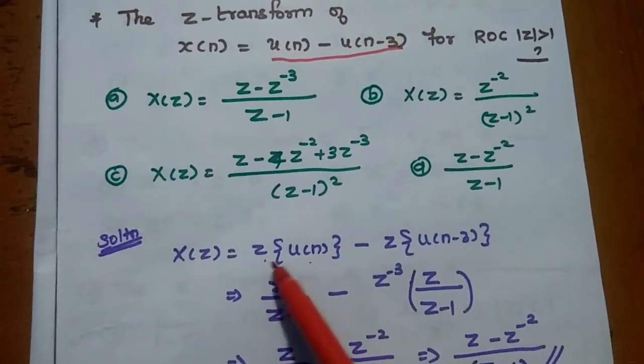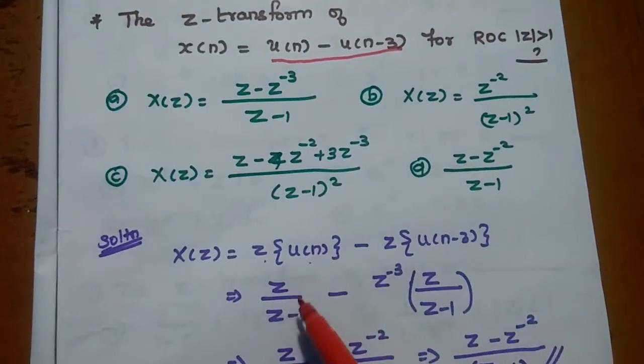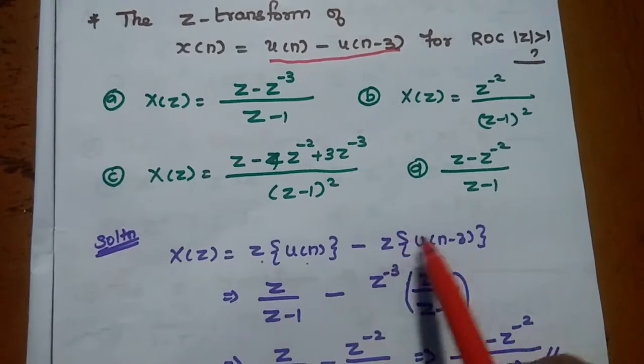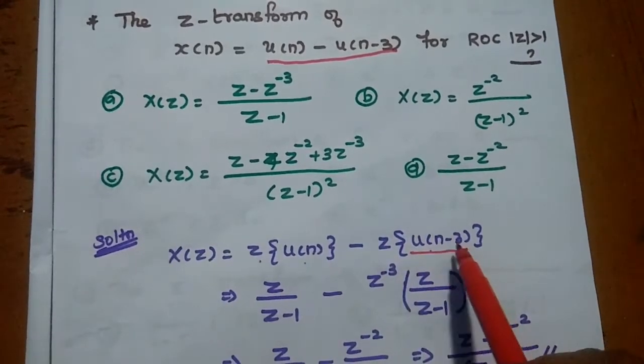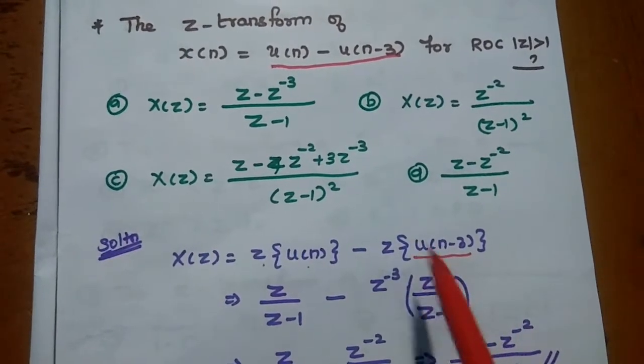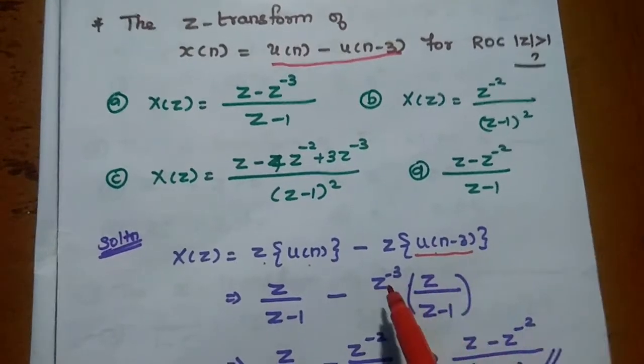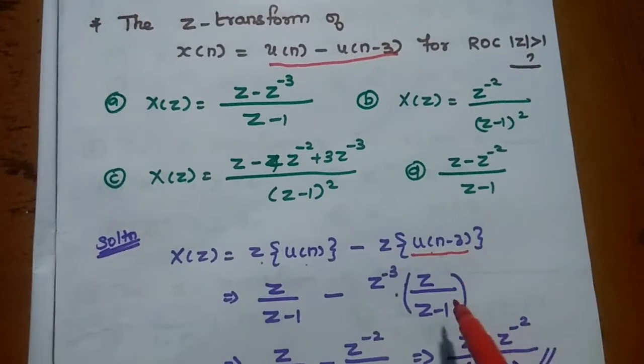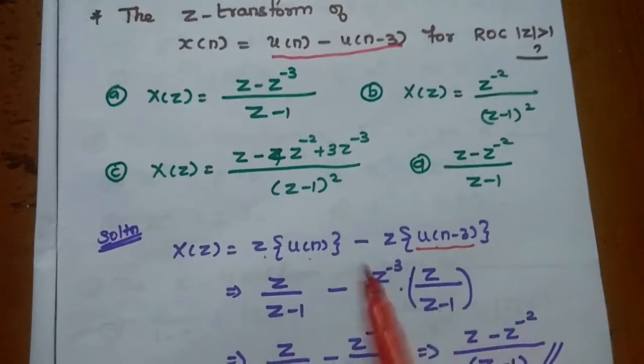We know the Z transform of u of n is z by z minus 1, minus the Z transform of u of n minus 3. For that we have to use the time shifting property. So minus 3: z power minus 3 into the transformed value of u of n, which is z divided by z minus 1.